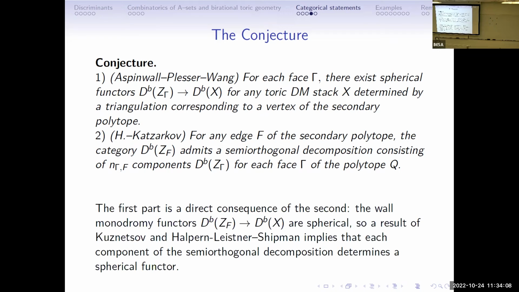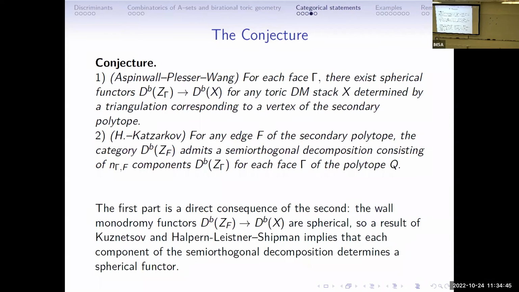Which in particular, if this is true, then part one is true too. Both 2 and 1 are true in examples, of course, so our intuition is based on that, and there are some serious reasons why you think that's true, but of course it's a conjecture, and we really don't know how to go about proving this in general. But we have some evidence: our result is some evidence about this conjecture being true.